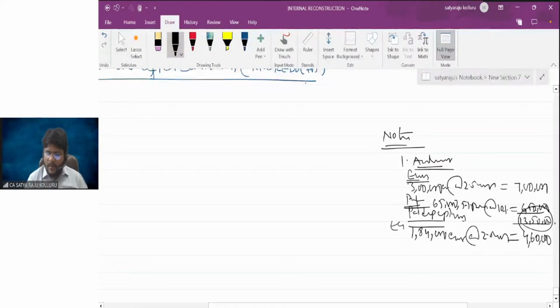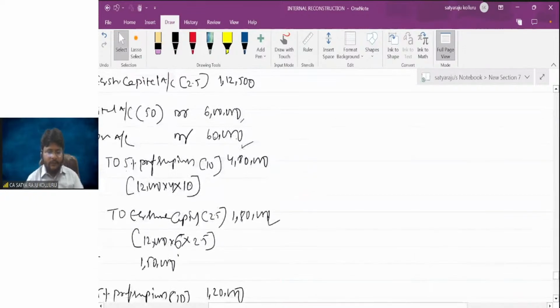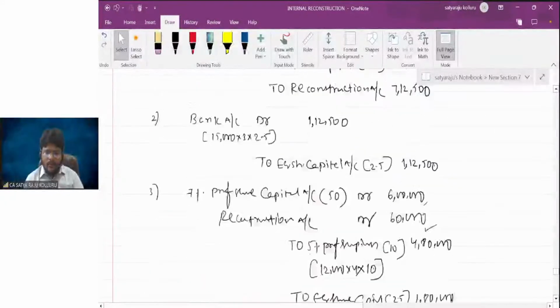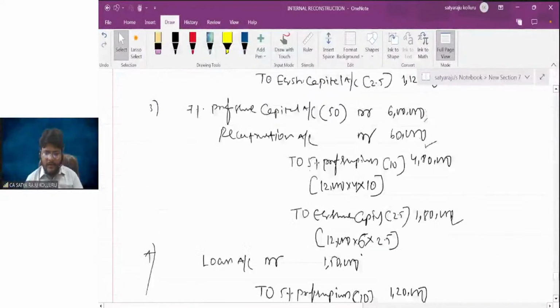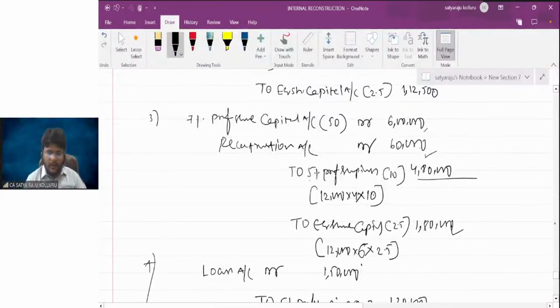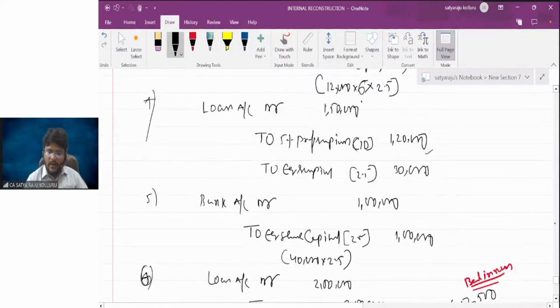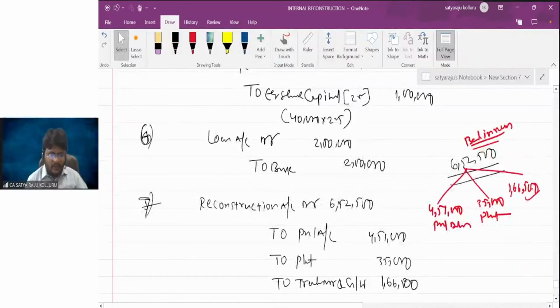Now under the paid up capital, equity is over. Now you can work out the preference. Preference, again come here. First no preference, second also no preference, third 4,80,000 we have. Fourth I have 1,20,000. Fifth entry nothing, sixth entry nothing, seventh also nothing.